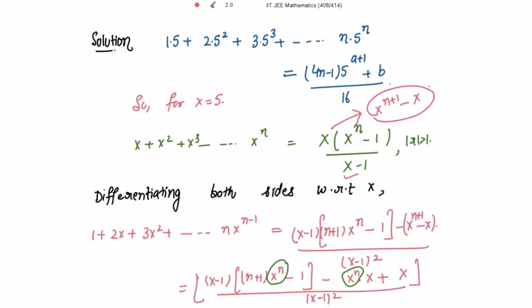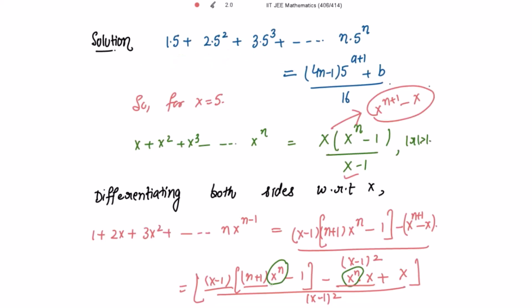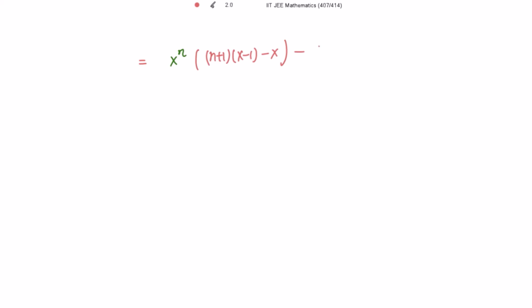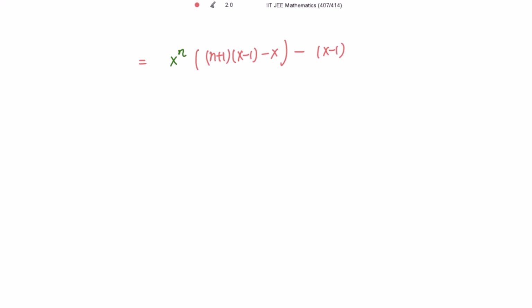So when taking x the power n common, we get, for the first term, the product of n plus 1 and x minus 1. And from here we get minus x. And then the remaining term, that is x minus 1 multiplied with this 1, we get minus of x minus 1. And the remaining plus x divided by the denominator, that is x minus 1 whole square.